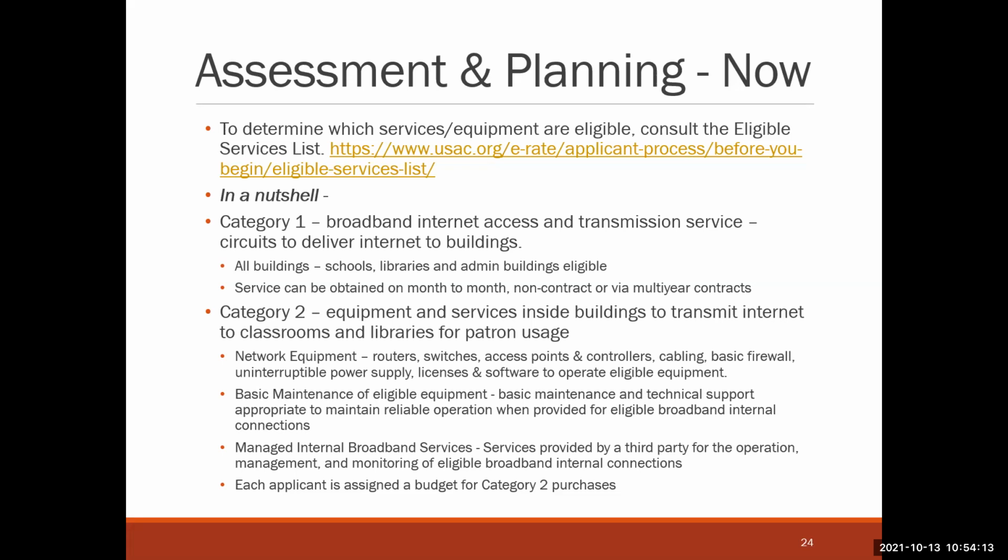And then, as I mentioned, each applicant is assigned a budget for your category 2 purchase. So everybody gets this, calculates the budget, and then you would look to your E-rate discount and apply that E-rate discount to your budget to figure out how much E-rate funding is available.